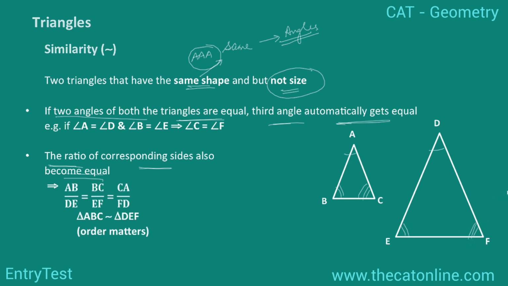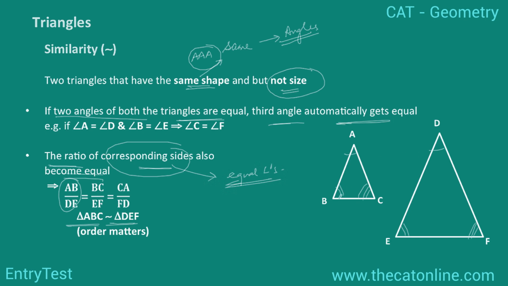So whenever you have a situation of this type, the ratio of the corresponding sides becomes equal. So if triangle ABC is similar to triangle DEF, the ratio of the corresponding sides means the ratio of the sides opposite to equal angles. So I'll have to look at equal angles, and look at the ratio of the sides opposite to equal angles.